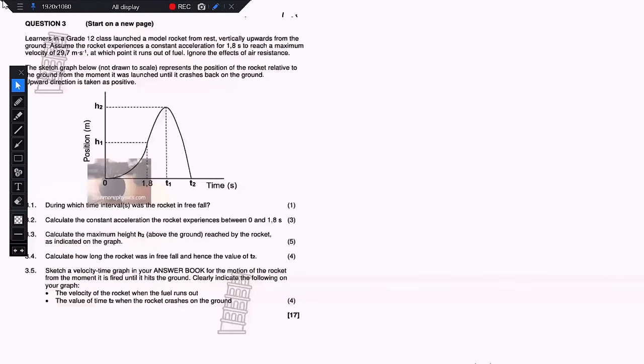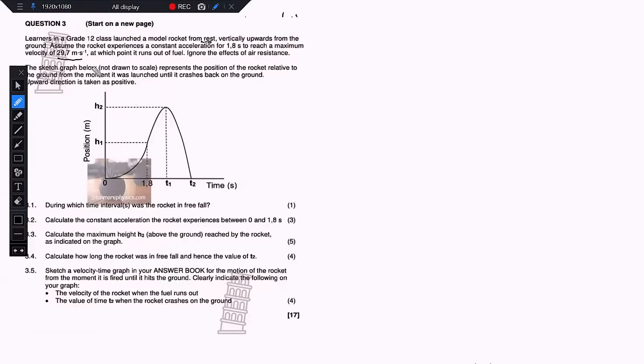Okay, so now we have question 3. It says, learners in a grade 12 class launched a model rocket from rest, and then vertically upwards from the ground. Assume that the rocket experiences a constant acceleration for 1.8 seconds to reach a maximum velocity of 29.7 meters per second, right?